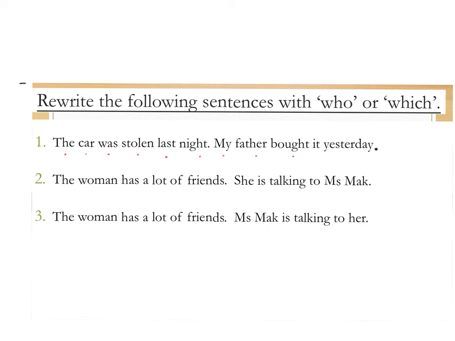Okay, let's move on. The car was stolen last night. My father bought it yesterday. This sentence actually gives more information about the car. So I will put this part after the car, and because car is not a human being, I will add the word which.